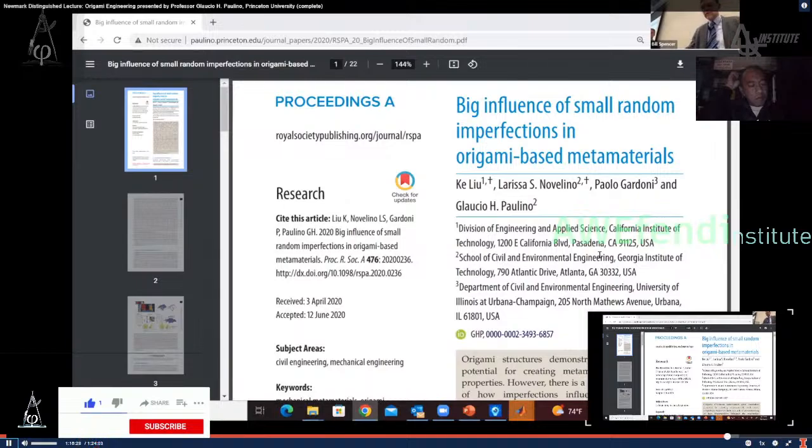But there is also some work being done, for example, on shelters, especially for emergency situations. I had a student from Honduras who lost his home, and he was studying origami shelters because he said his family could have benefited from that.